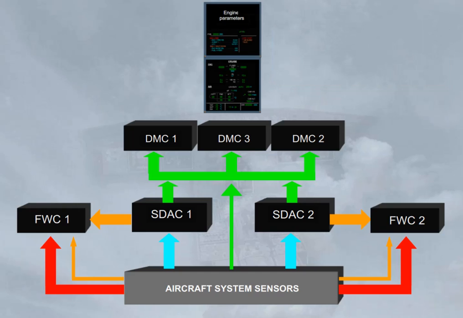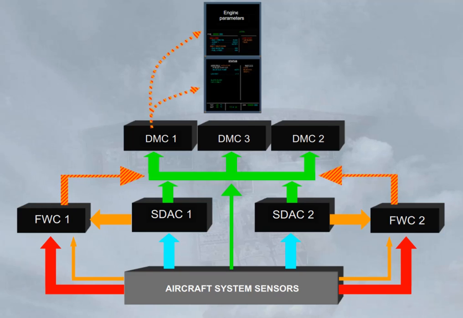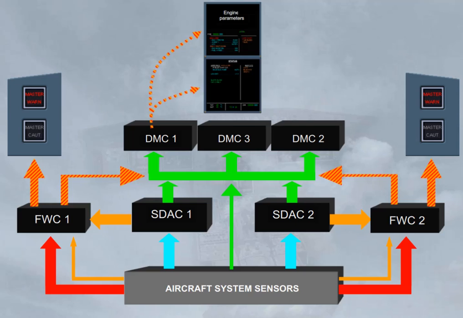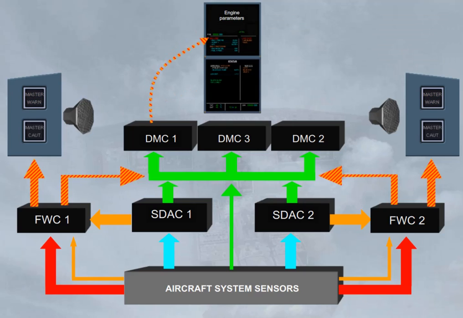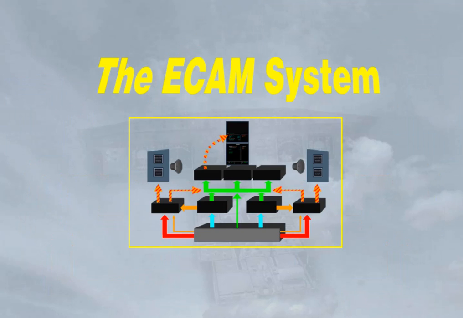The FWCs then supply the DMCs for the display of alert messages, the attention getters, the loudspeakers for oral alerts, and synthetic voice messages. All the components shown can be collectively called the ECAM system. We will study the use of the ECAM system in a separate module.